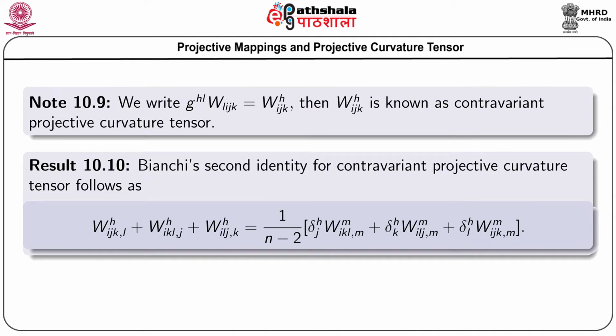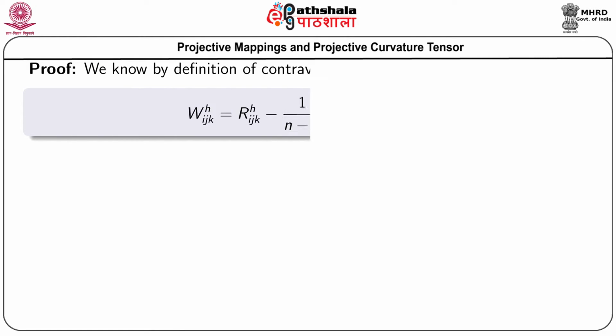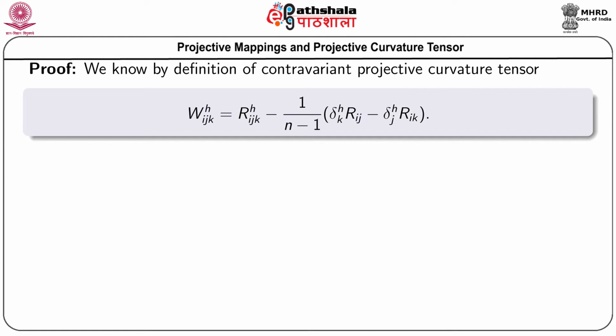So, this relation is the Bianchi's second identity for the contravariant projective curvature tensor. Now, we try to prove this one.